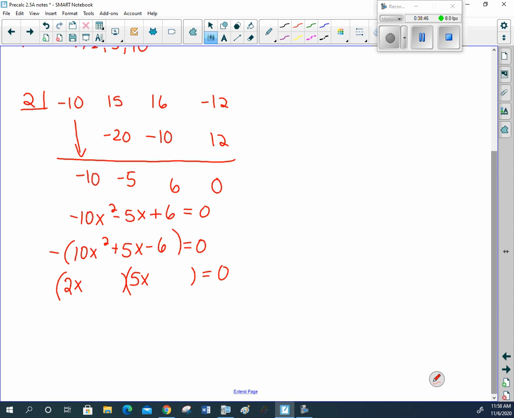Nope, that won't work. So those two won't work. 2 and 5. Should we try 1 and 10? And that's going to be too big. 1 and 6, that's not going to work either.